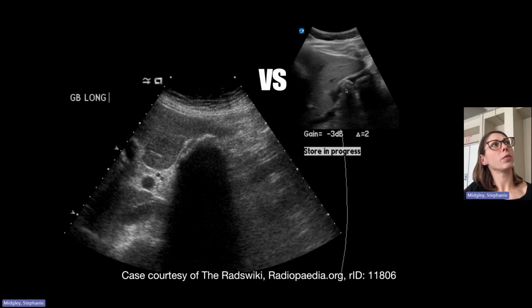And so if you notice here with the WES sign, you actually do see a bit of the bile, right? And then you see the stones here. Whereas here you don't see anything, right? There's no bile to see. It's just shadow. So it's just a little bit nuanced. But sometimes a WES sign can be mistaken for the porcelain gallbladder or vice versa.